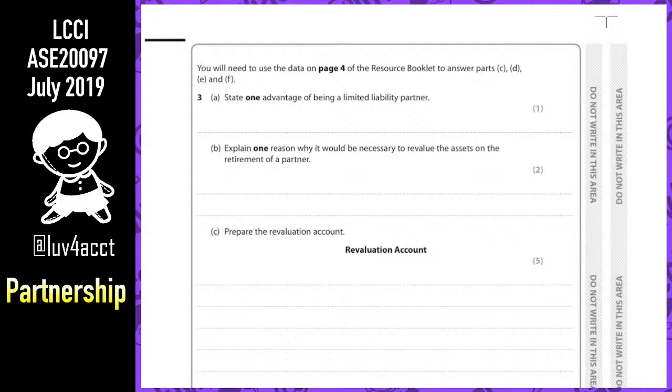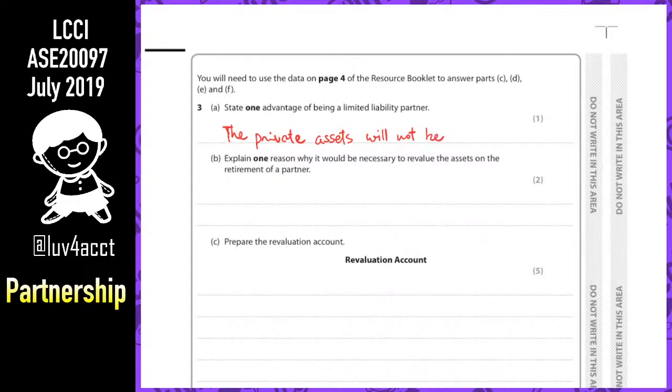So one advantage is that the private assets will not be claimed to settle the business liability.